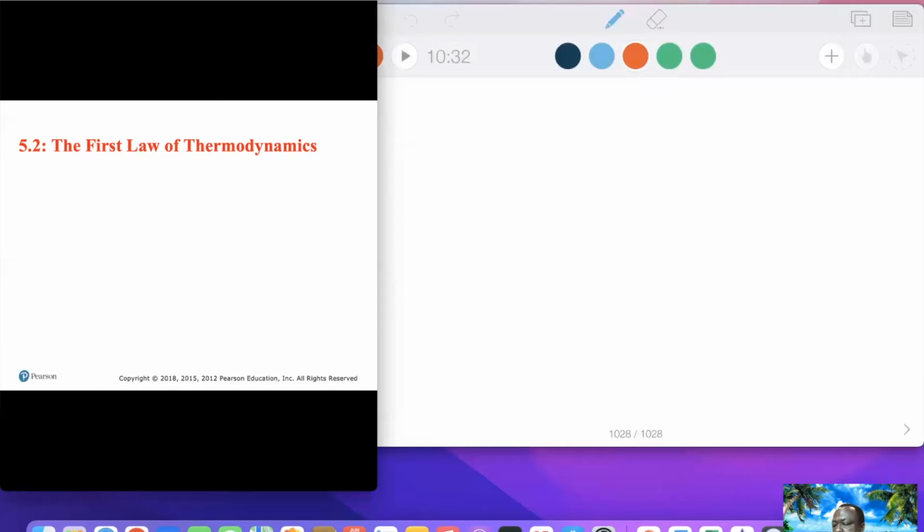The first law of thermodynamics is simply the law of energy conservation. That means to conserve energy.